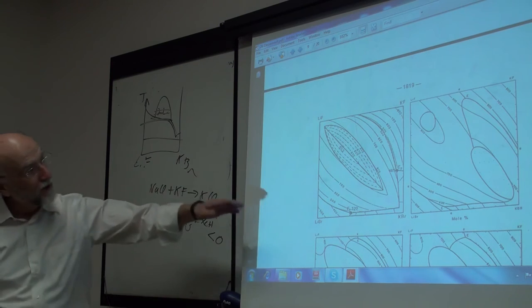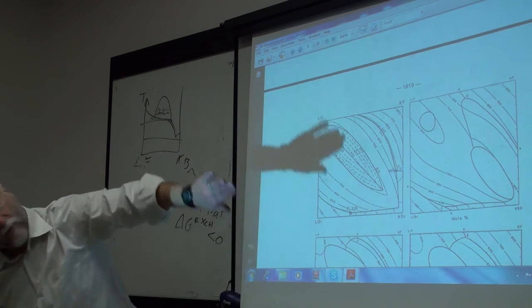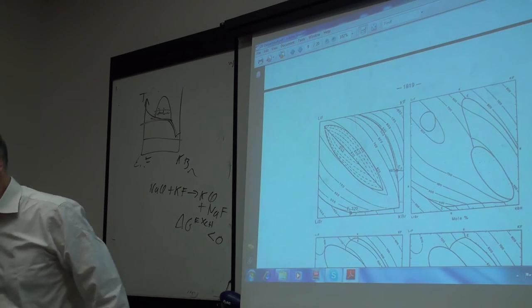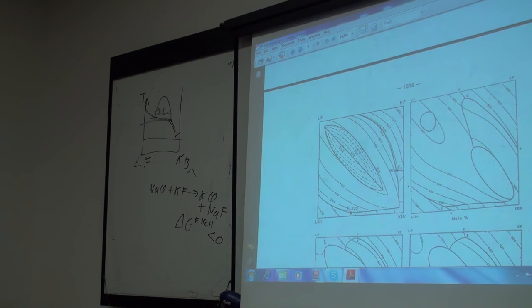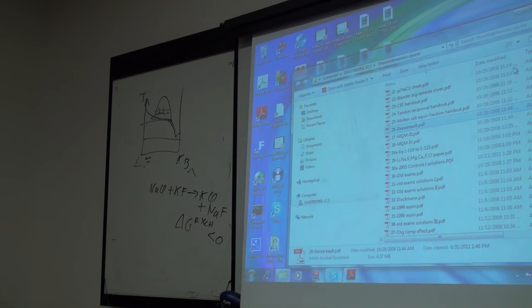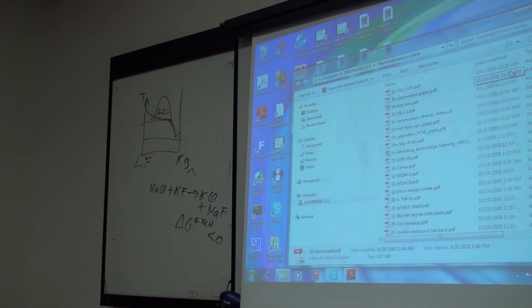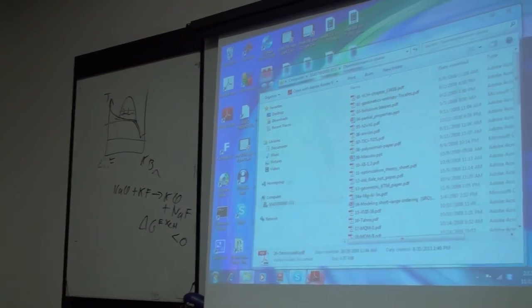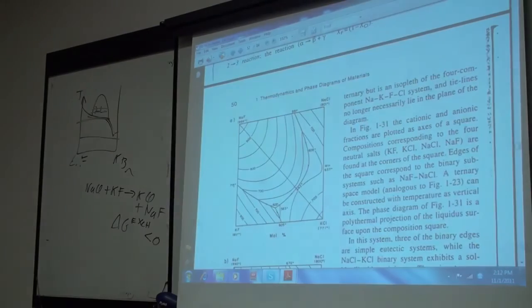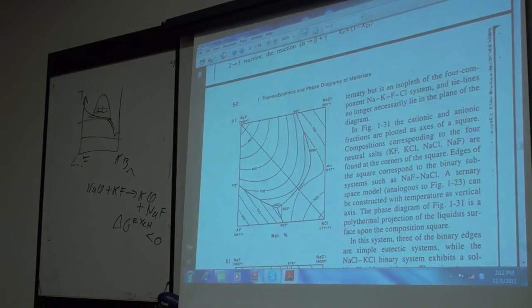Imagine there's temperature coming up, there's like a dome up here. Alright, so why do you get that? No, stable diagonal. In this case, the delta G exchange is negative. It's not negative enough to provoke an immiscibility gap, but it's certainly negative enough to give you the strong positive deviation.